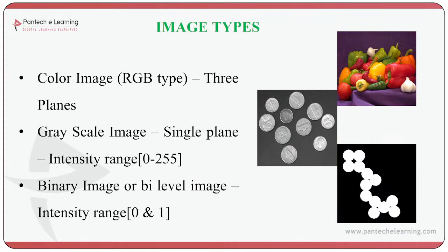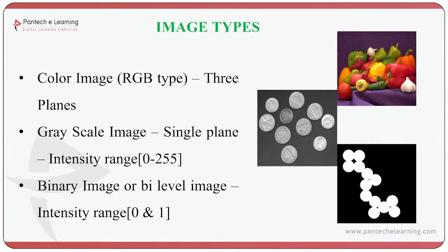A gray image is a single array, created according to the intensity of the color, and its range is calculated. This intensity range is the same, 0 to 255. This is the bit range, and sometimes it will vary according to the contrast. According to the contrast color, it will vary, so it comes up to 255, 256 or 257.